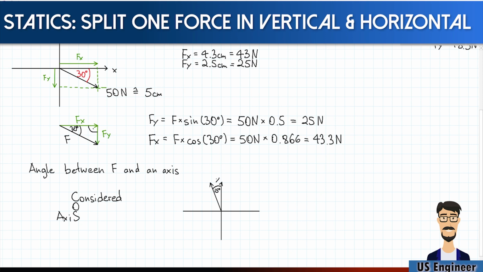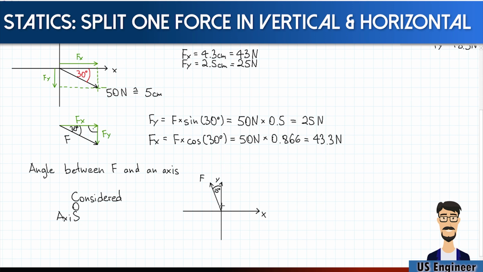Okay, now what do we have? We have an angle between F and the y-axis, or if you're looking for the force component along that axis, then you're gonna have Fy. Let me draw Fy with the green color.